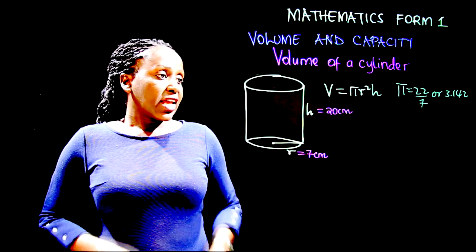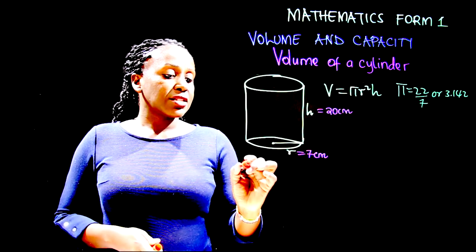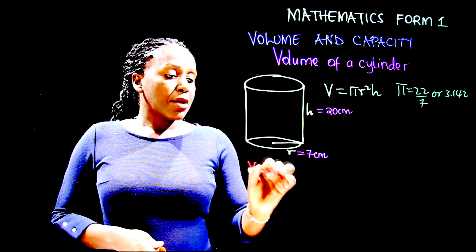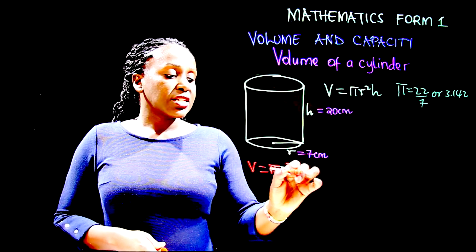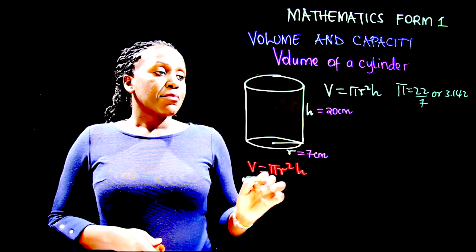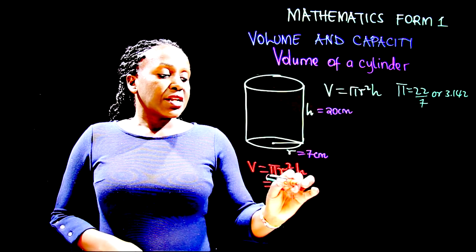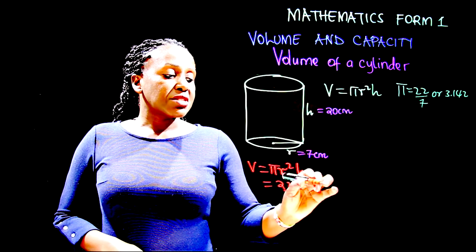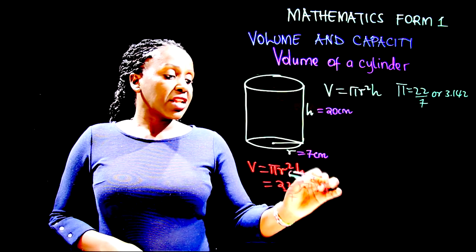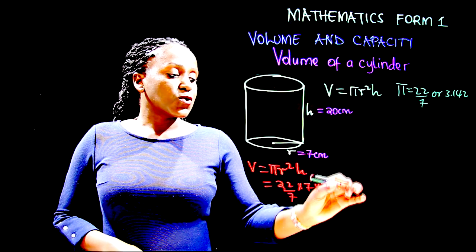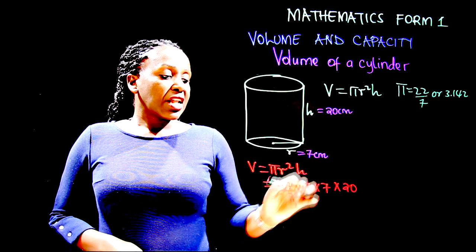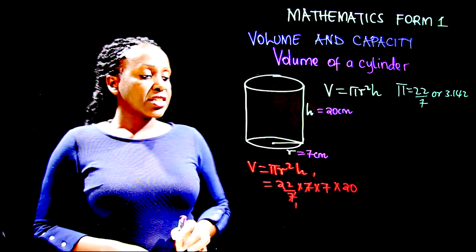So like we have highlighted, the formula is volume equals pi r squared times the height. Pi is 22/7 times the radius, which is 7, times the radius again, which is 7, times the height, which is 20. So the 7 cancels out with the other 7.